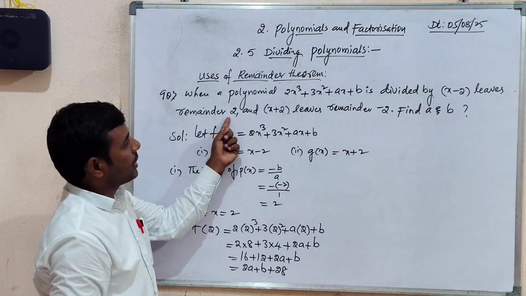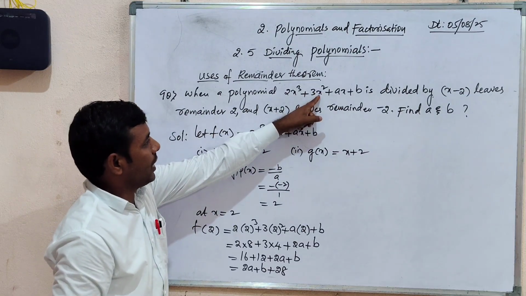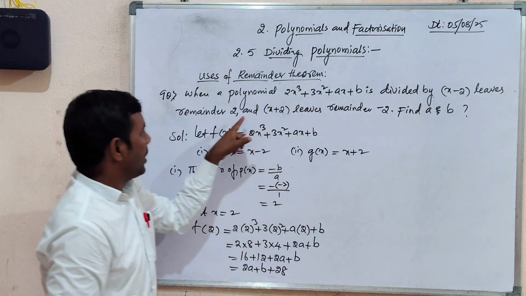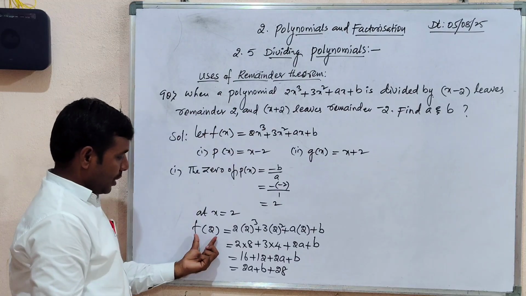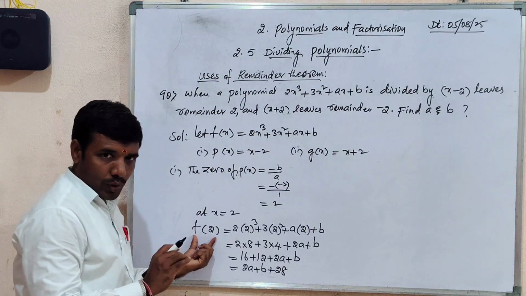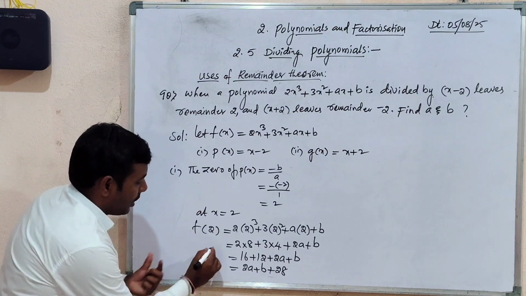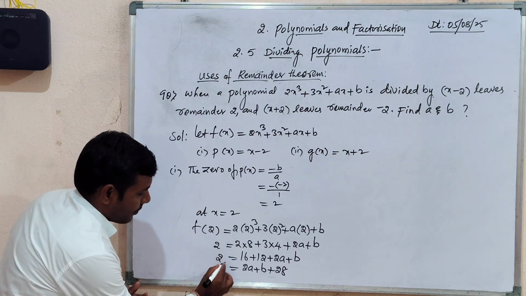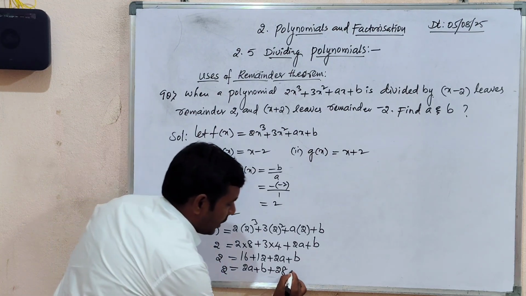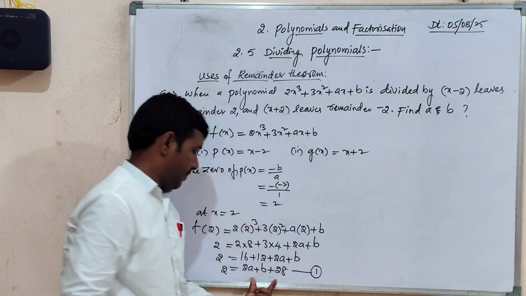But the remainder is given. When it is divided with this one, the remainder is mentioned as 2. So f of 2 is a remainder concept only, no? So in case of f of 2, I want to fill that 2. You feel that this is number 1.